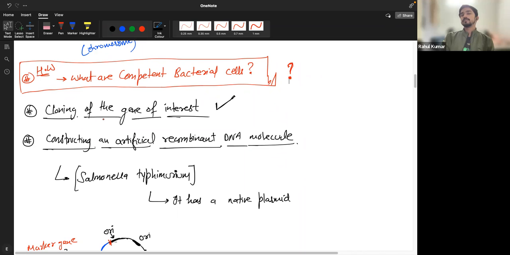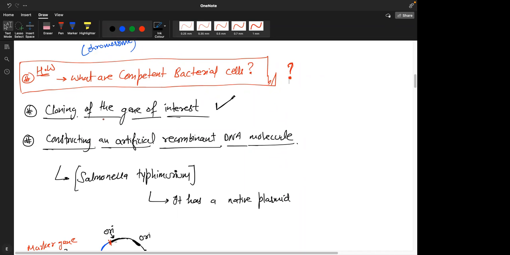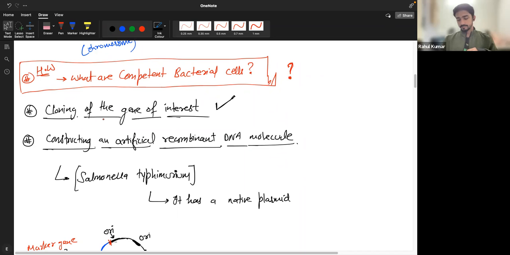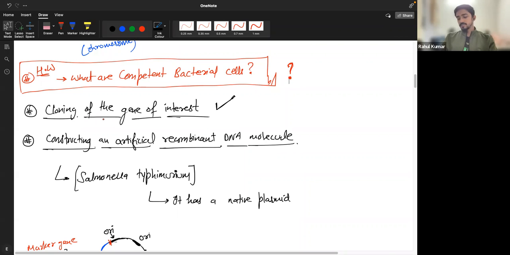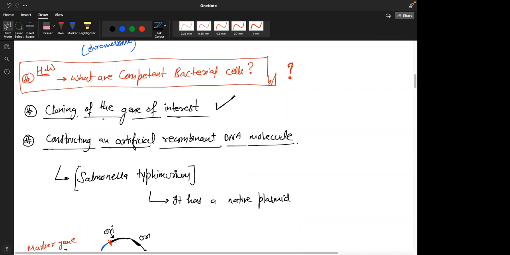We give a shock. We first heat the bacteria and then cool it to introduce the host phenotype into the bacterial cell. Are you reading from somewhere? Sir, I studied the chapter.